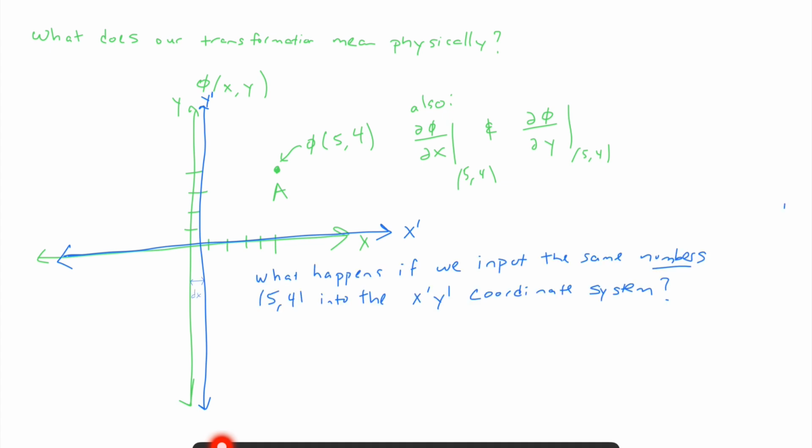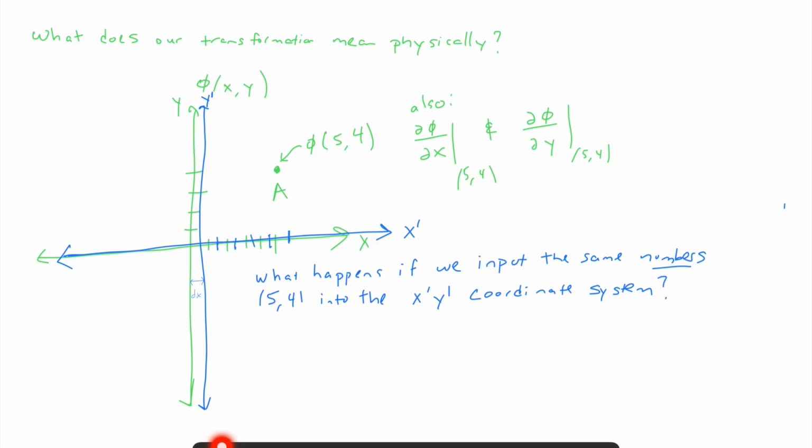Now, you can ask different questions. Here they're separated by this amount dx. If the primed person figures out the exact coordinates of this point according to them, they'll get the same value because the field in space is unchanged. But what if they just put these two numbers, 5 and 4, into their coordinate system and see what happens? Well, in the prime coordinate system, they also put out 5 hash points this way and 4 hash points that way.